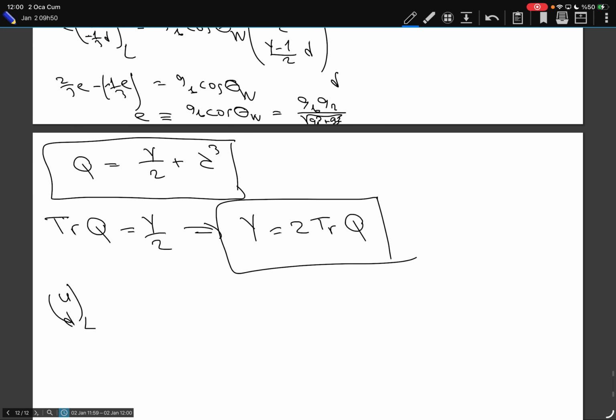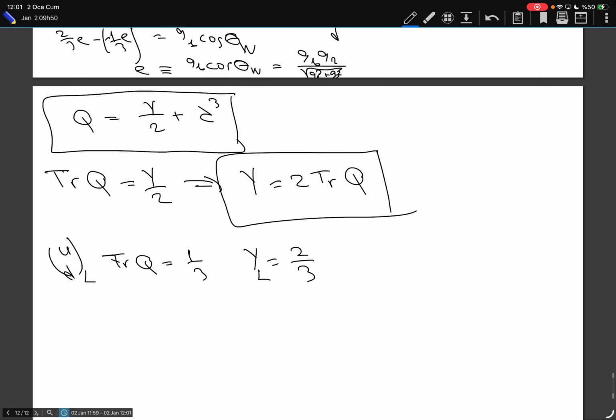So the hypercharge Y of the quark doublets is 1/3.